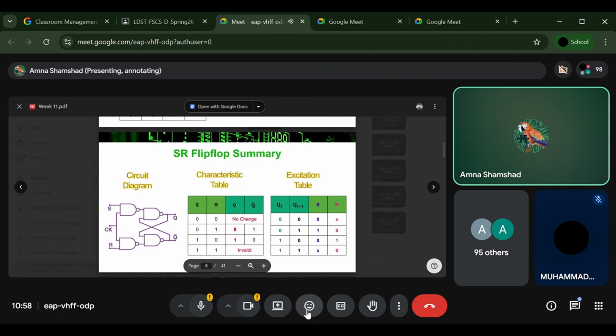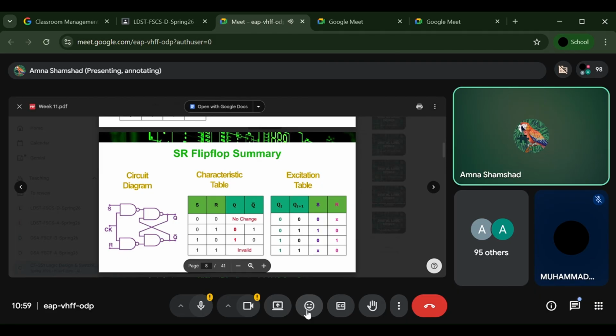It is the only combination, 1 0. The third case is 1 0. 1 0 means you have the 1 and it will convert into 0. I am resetting, which means I have applied the R signal. So this is 0 and 1.